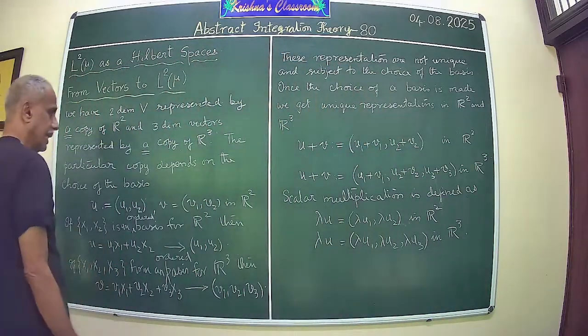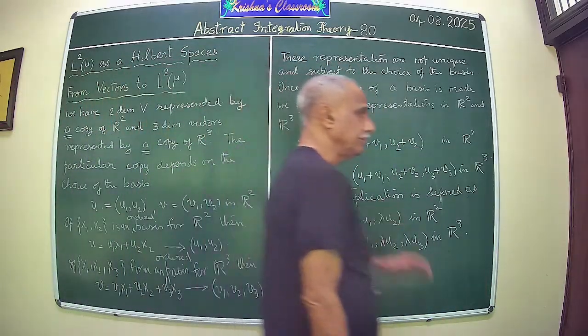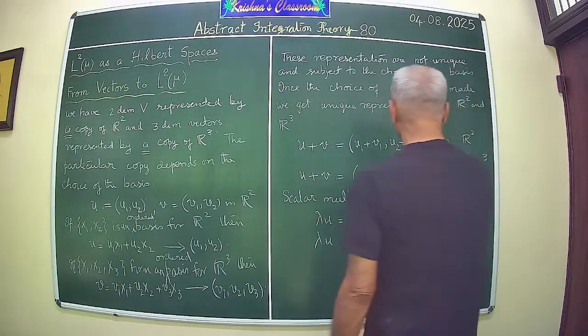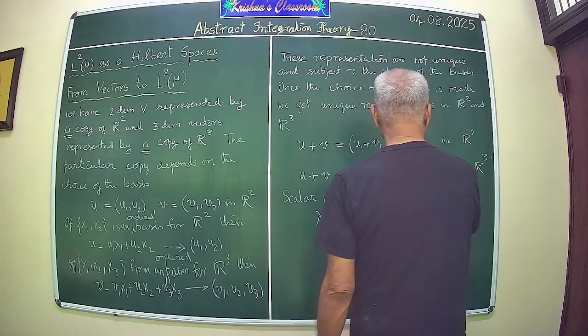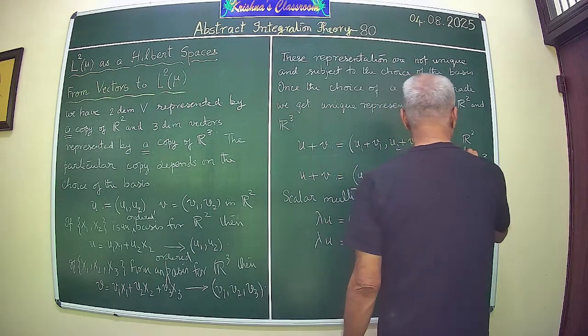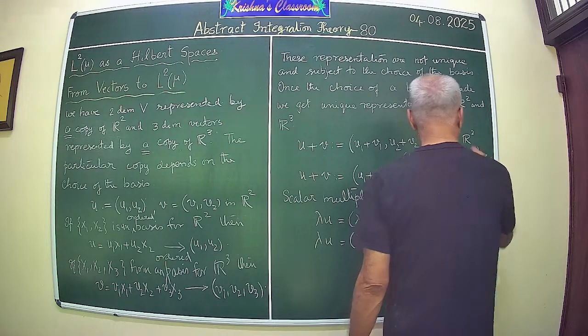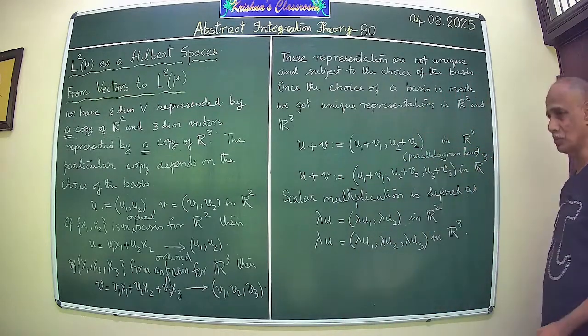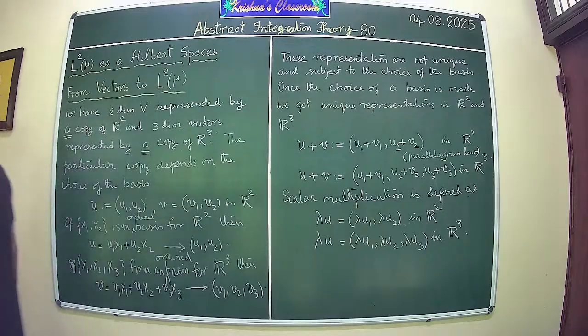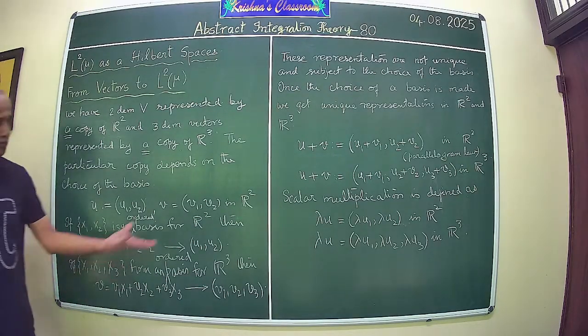Now one can connect this with the parallelogram law. So these are coming from the parallelogram law. This you can prove. So component wise addition, now it is very simple.